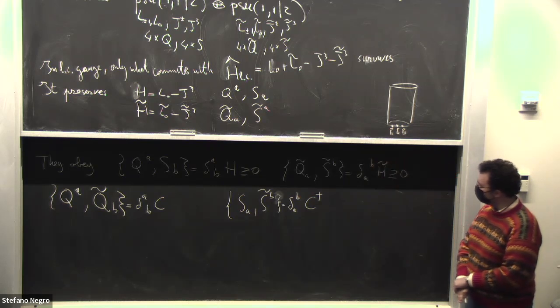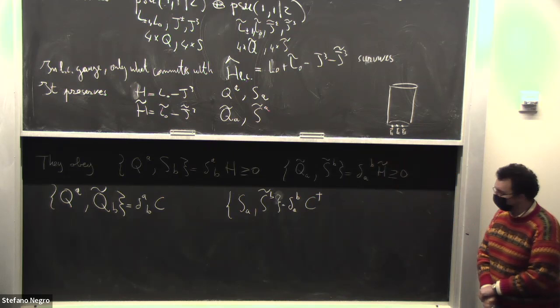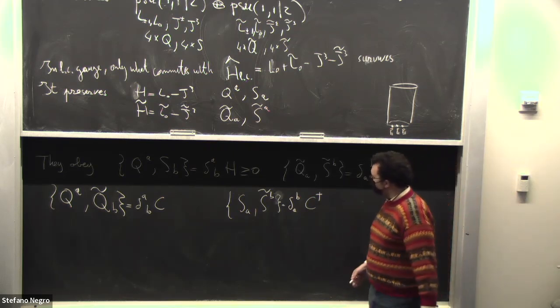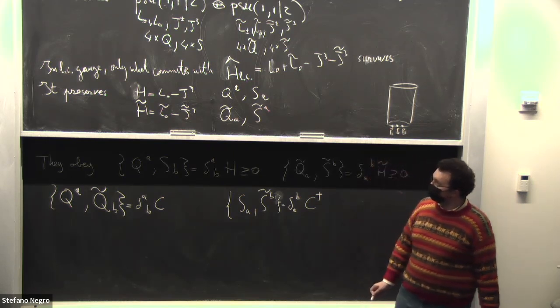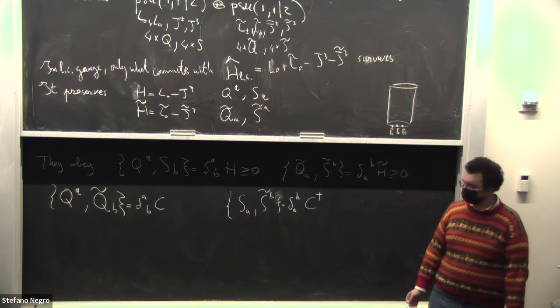It's something that was noticed first in this context by Arutyunov, Frolov and Zamaklar, that maybe didn't really appreciate all the implications of this. And it's something that also appears in AdS3 and was very famously used by Beisert to basically find the S matrix.